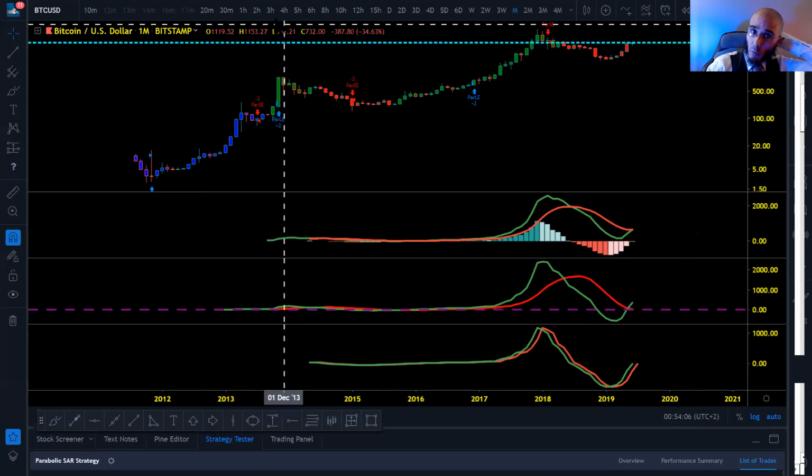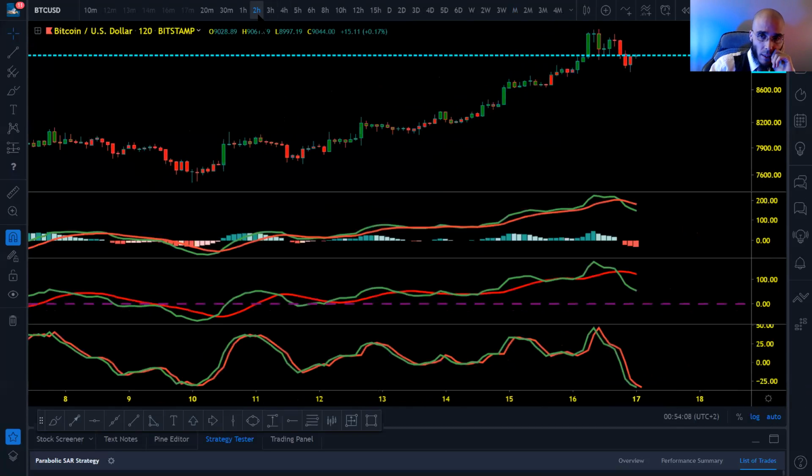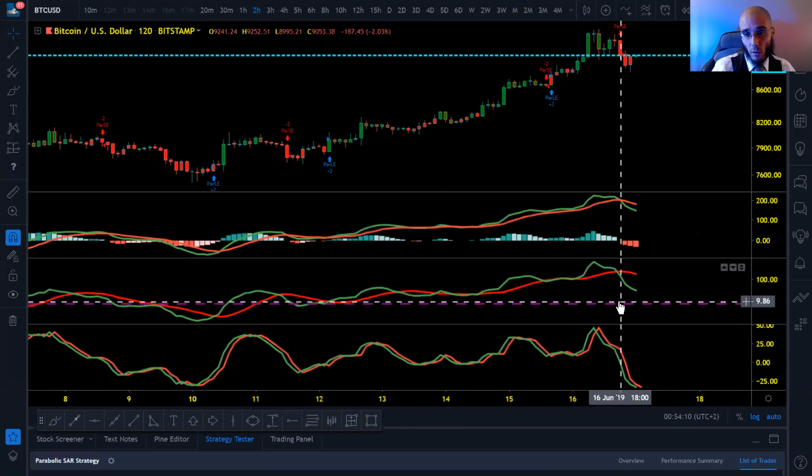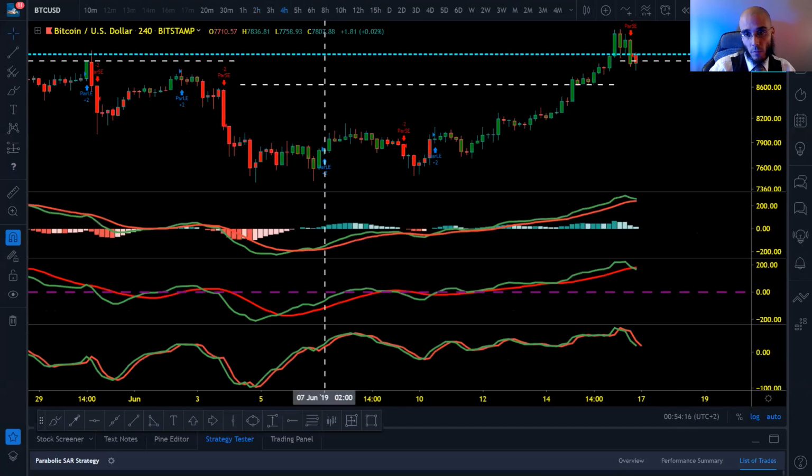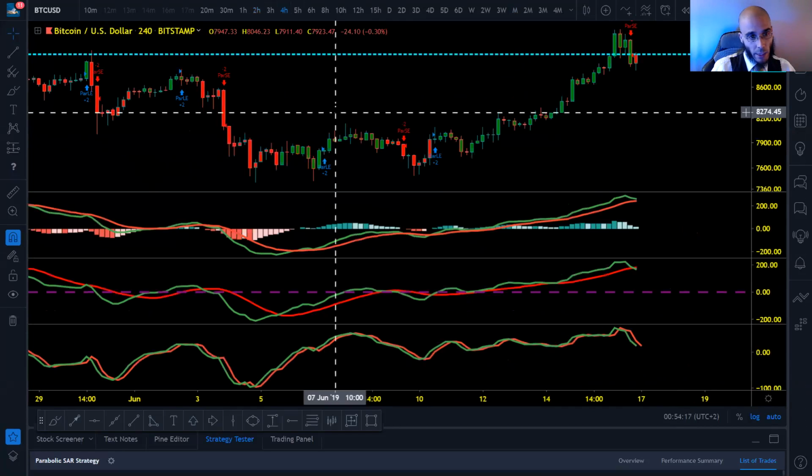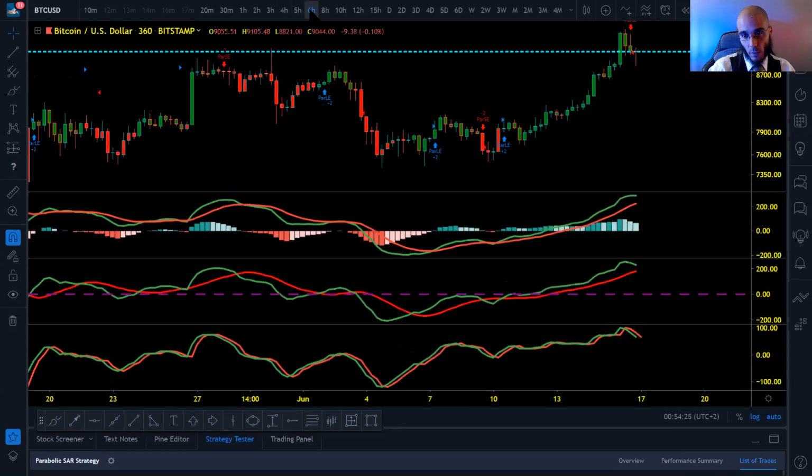I think everything is positive now, but still, let's check. No, the 2 hour chart is negative on MACD. The 4 hour chart is negative. The 6 hour chart is positive. And from the 6 hour chart on, everything will be positive.